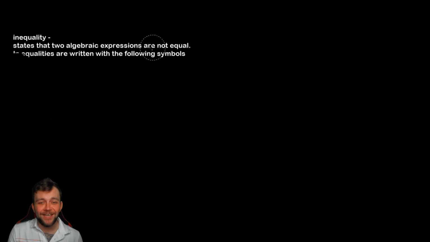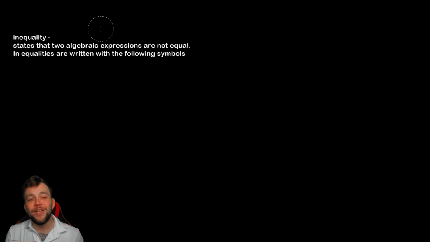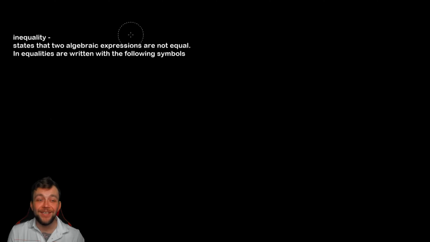So let's go ahead and define inequalities. Our definitions for inequalities. See, look, I can erase the words. An inequality states that two algebraic expressions are not equal. Inequalities are written with the following symbols.